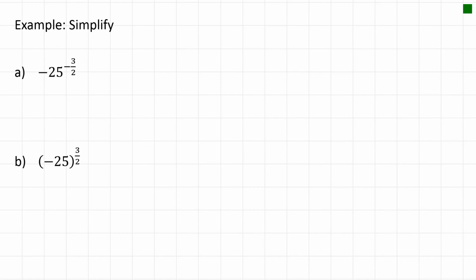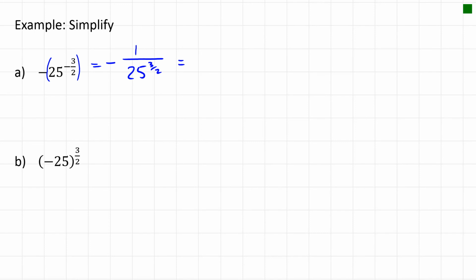Here's a couple more examples with some slightly increased complexity. In this problem, I have negative 25 to the negative 1/3. Remember that BEDMAS says exponents have to be dealt with first. So this exponent is applied only to the 25 and not the negative. So I have negative 1 over 25 to the 3 over 2.